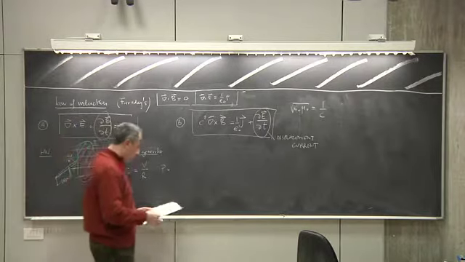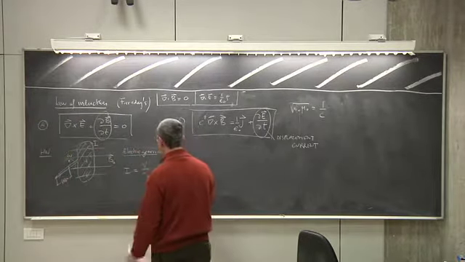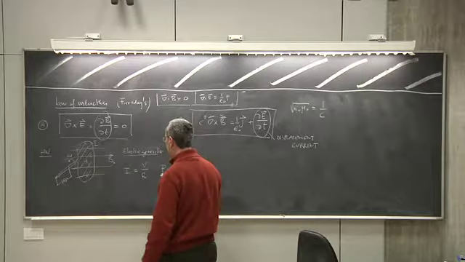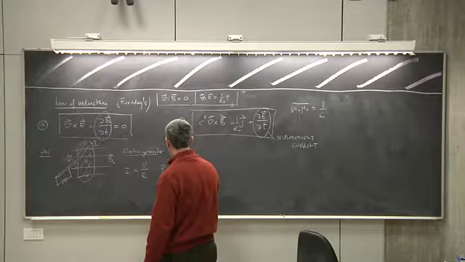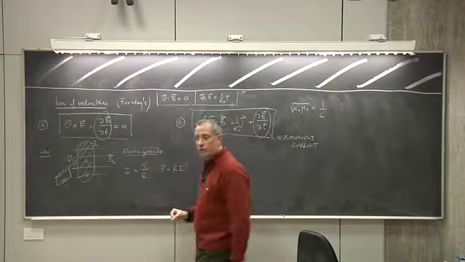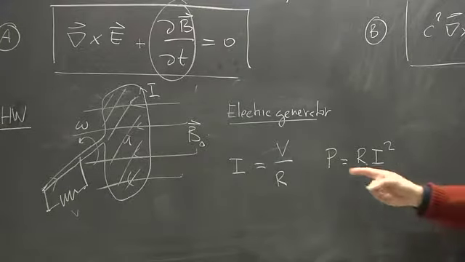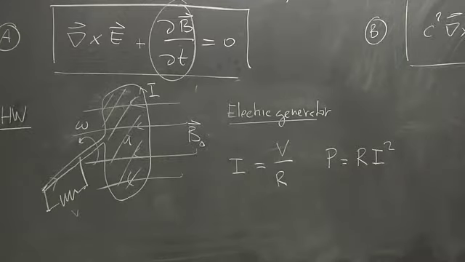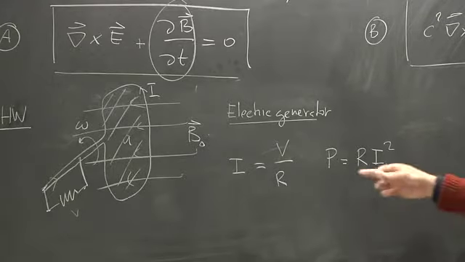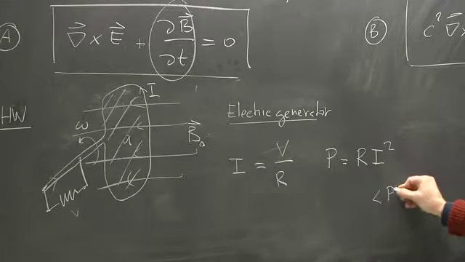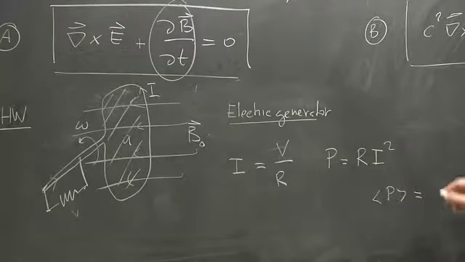So you can compute the heat generated, and well, we haven't done this, but probably you remember that it goes like the square of the current. So this is essentially the energy dissipated in heat. So please compute also this. You have to compute this, and then you can compute the average of this by simply taking this.